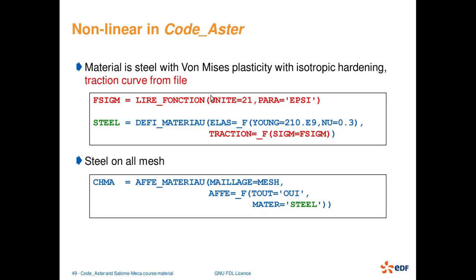So this is stress-strain curve data which is read by the system, and it is stored as this F sigma. That means it is a stress data, and then we can define the material in terms of this stress data by this.